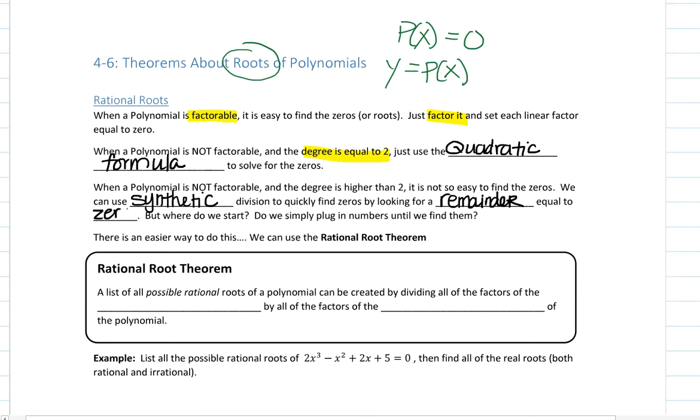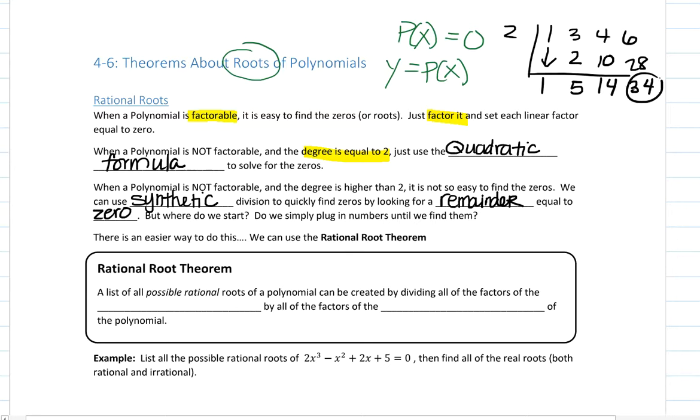Remember, synthetic division looks like this: you have a number on the outside, and you have the coefficients here, and you bring it down, multiply, add, multiply, add, and we're looking for the remainder to be 0. This one that I just made up is going to have a remainder of, looks like, 34. If that was a 0, then you would know that 2 is a root of the polynomial.